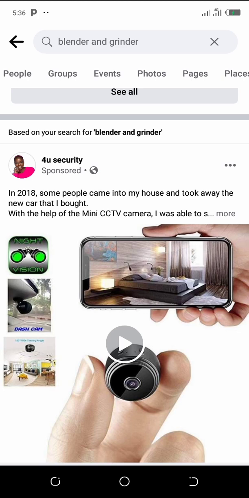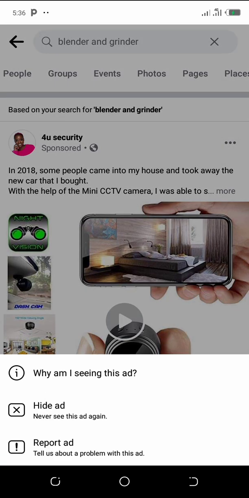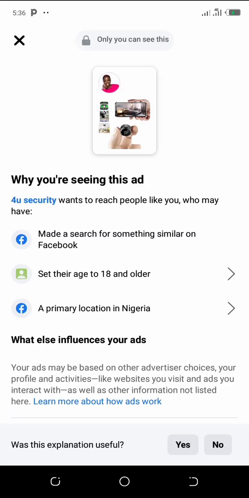This particular Facebook ad is performing very well, and I got an idea from it that I used to sell my own. Now let's click on the three dots. Let's see if it's going to show us some reasons. Now people have shown interest in this very page. That is why I'm seeing this ad again. It's very simple to understand.